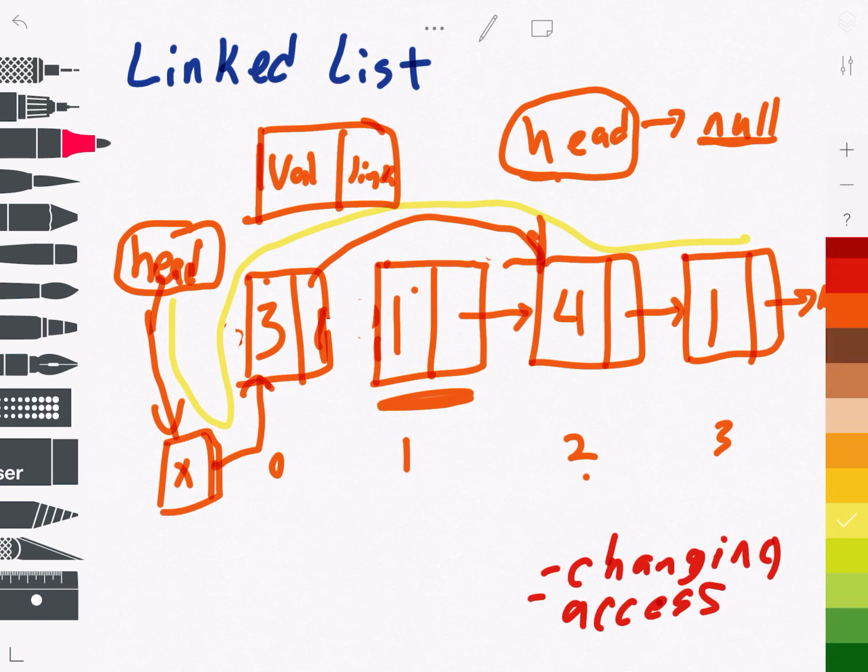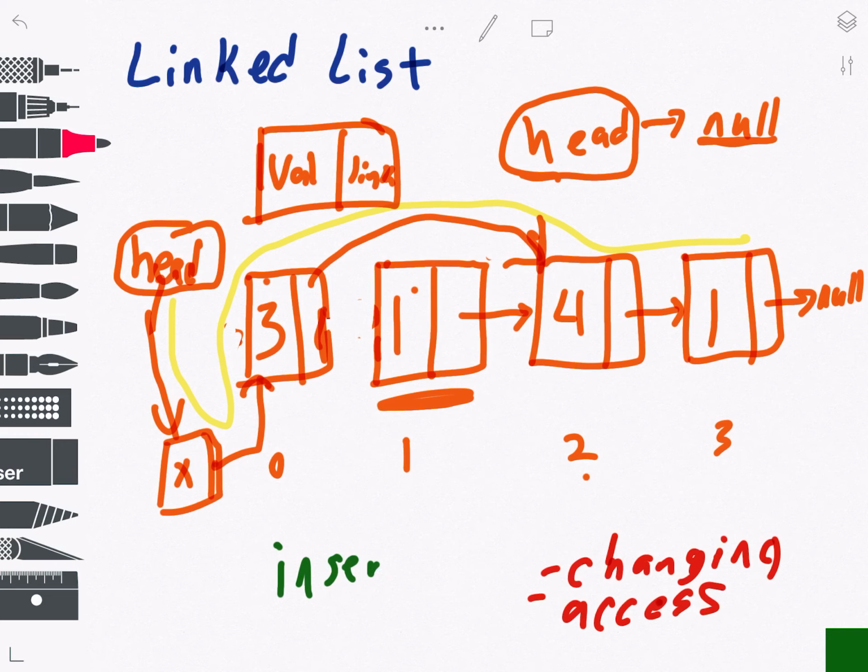So what does that mean? That means that inserting and removing becomes very fast. Once we get to the place where we want to insert or remove something, a linked list is very, very fast.